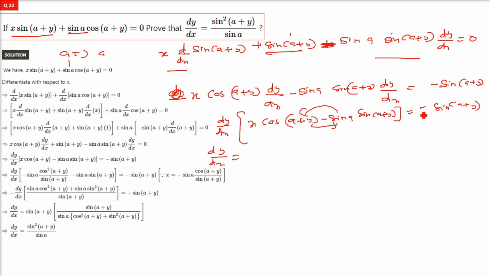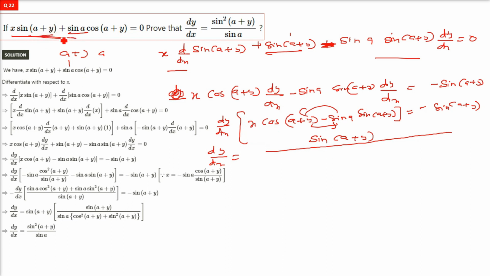Now if I want to eliminate this negative on the right hand side, I'll just change the positions of this. When I'm bringing this total on the right hand side in the denominator, I'll change the positions only, so we can get rid of the negative.